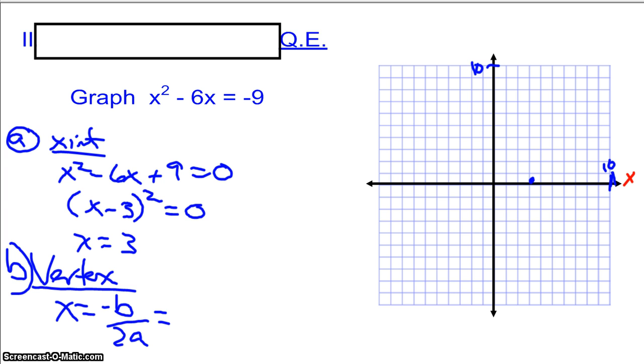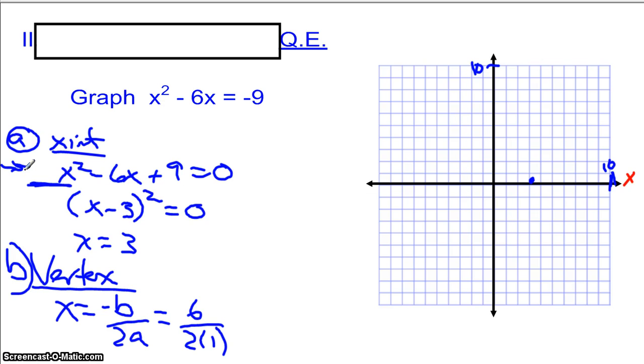And tell me what numbers plug into this. Plug some numbers in. Selena. You're looking here at this equation, right? So 6 over, and the a value is 1. 2 times 1.